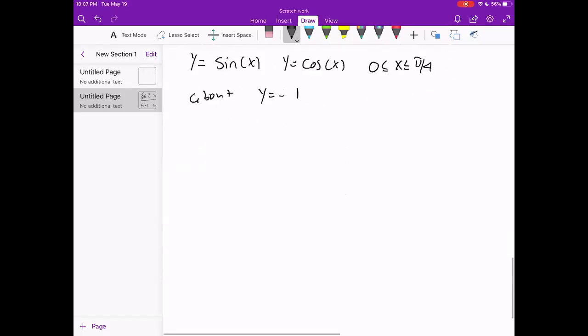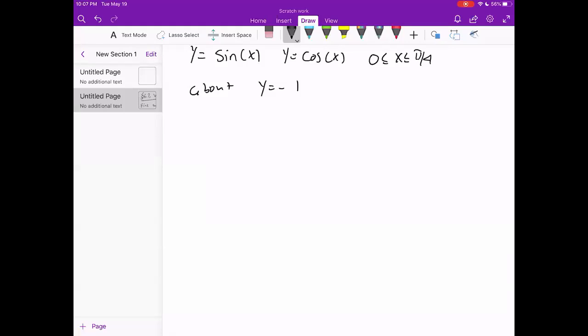Okay, so this is one of those problems that you really have to be careful about drawing, just so you know everything's correct. So I'm going to go ahead and draw our axis of rotation. We're going to do it at -1. So this is going to be our axis of rotation. And then let's go ahead and draw sine of x.